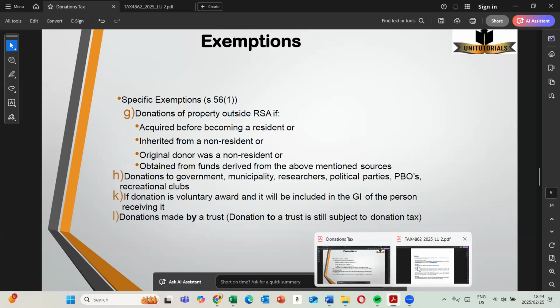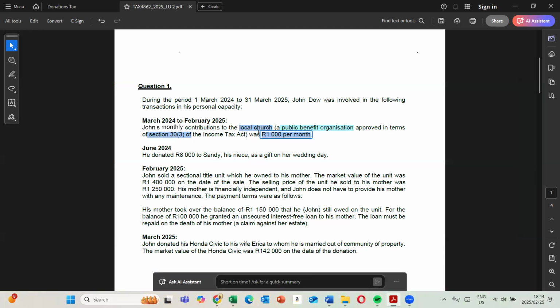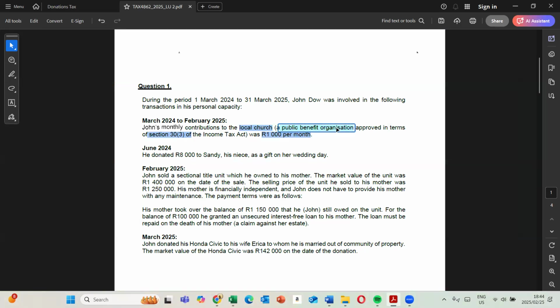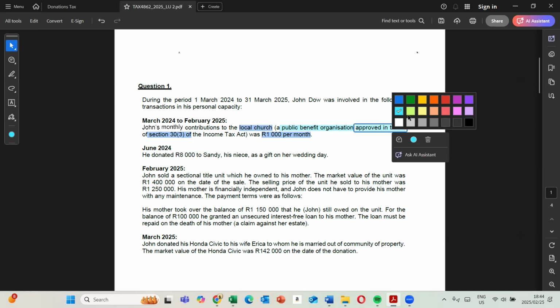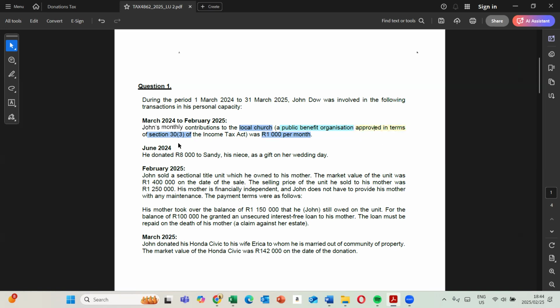So we see that John is making a contribution to a church. Now, what is the trigger with regards to this? The church needs to be a registered public benefit organization. They're giving you the term to say that this is approved in terms of section 30, subparagraph 3 of the Income Tax Act.